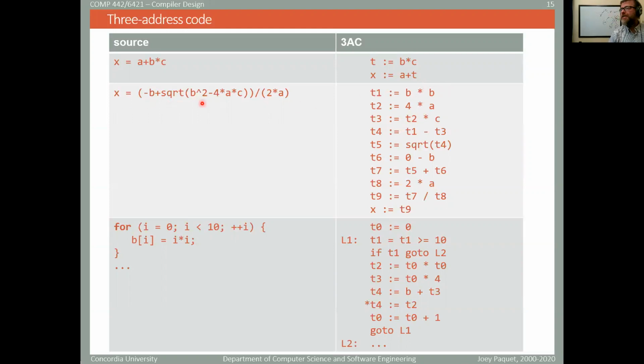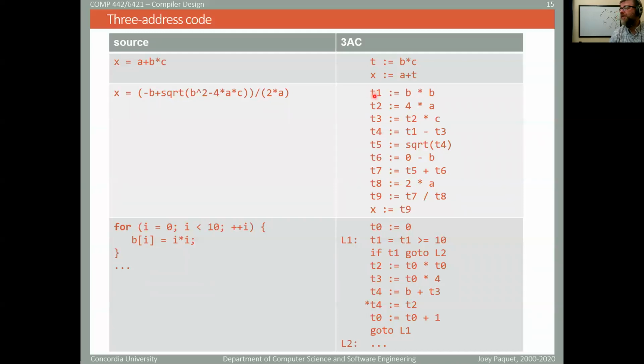So you can even translate something more complex that you may recognize here. B times B goes into T1, and 4 times A goes into T2, and then T2 is multiplied by C and goes into T3, and you subtract T3 from T1 and put it into T4.